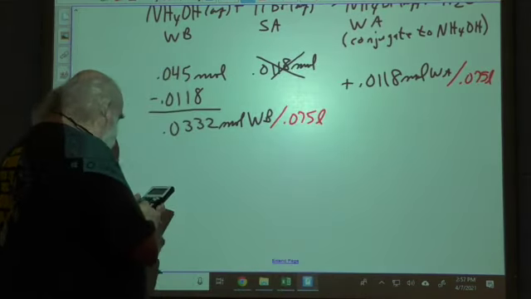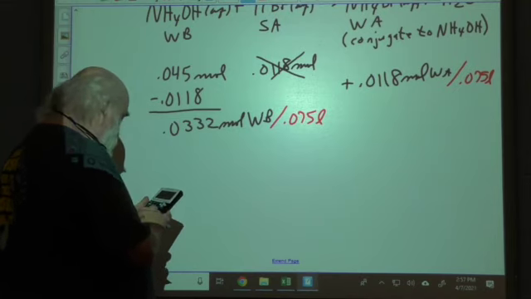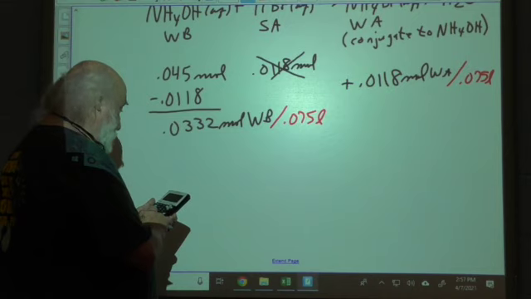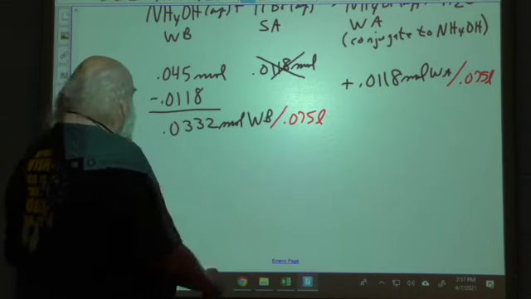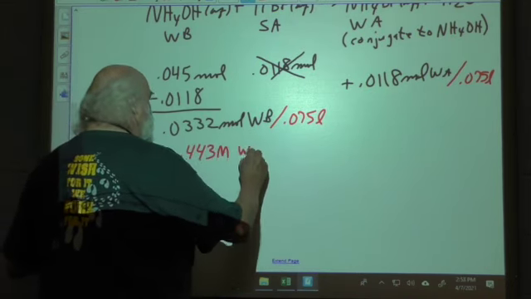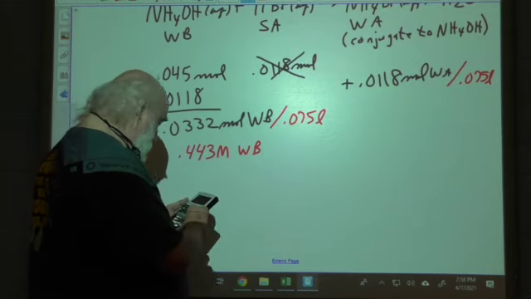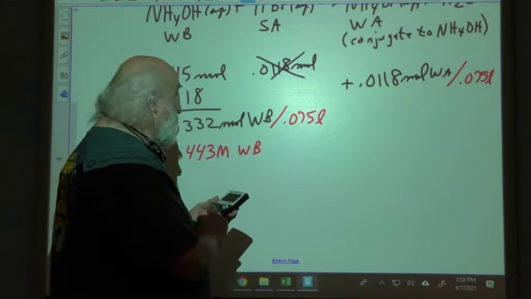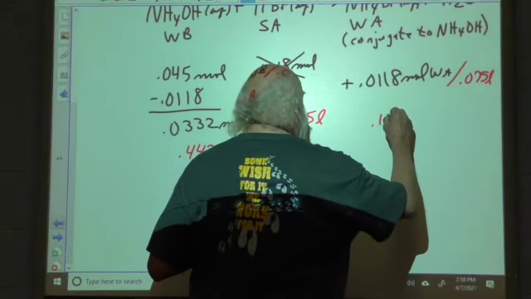Okay, so 0.0332 divided by 0.075 liters. This is 0.443 moles per liter of weak base. And for the acid, this one is 0.157.